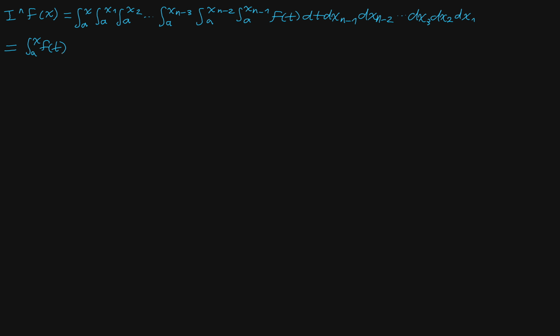Again, you can pull out the f of t over here, of the integral from t to x, integral from t to x1, all the way to the integral from t to xn minus 3, and t to xn minus 2, dxn minus 1, dxn minus 2, dxn minus 3, to dx2, dx1 dt, like this.